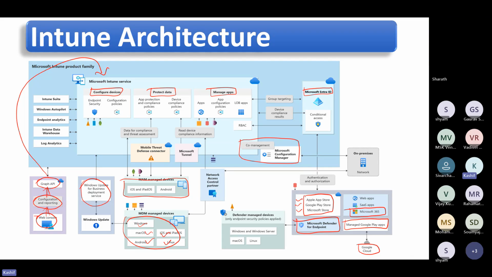You have other things like Intune Suite, then Windows Autopilot, Endpoint Analytics, Intune Data Warehouse, Log Analytics. These things we will see later on, right? When we do the practical session, then you will get a clearer picture. So you get a web console, and from that web console, you do whatever you would like to do in the Intune world.